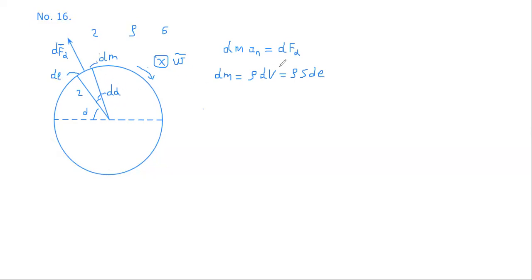And of course dl is equal to R d alpha. Okay, is it clear or not?